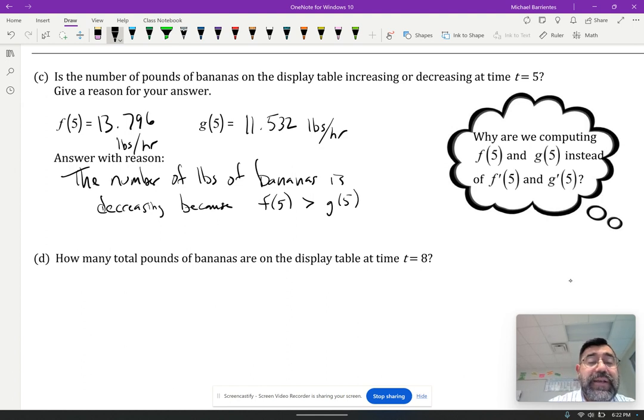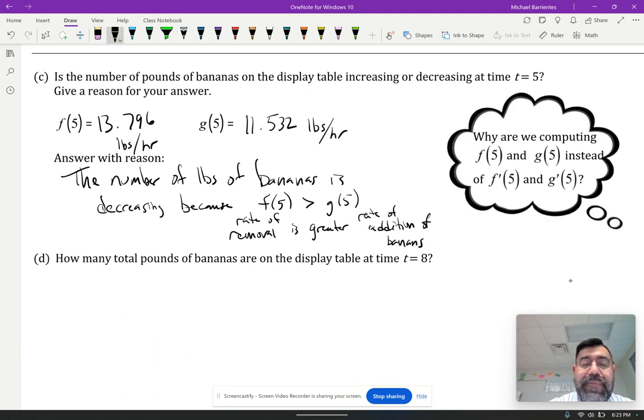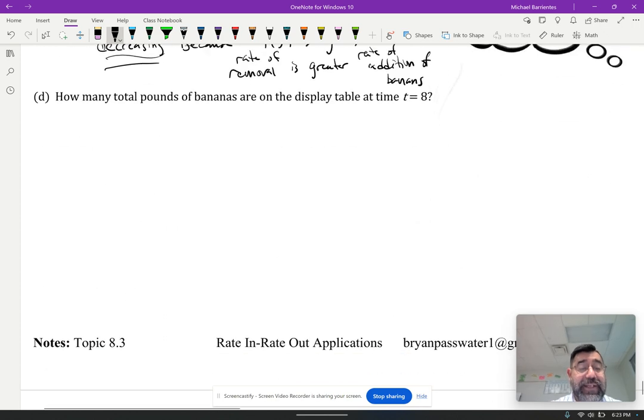We could also say, maybe this is the better way to say it, because the rate of removal is greater than the rate of addition of bananas. So the rate at which bananas are being taken away is bigger than the rate at which bananas are being added to the display. So therefore, overall, the number of bananas is decreasing.